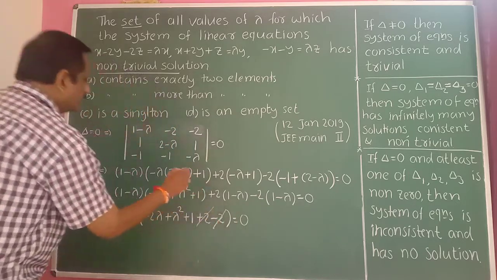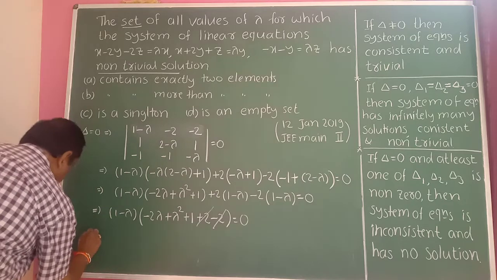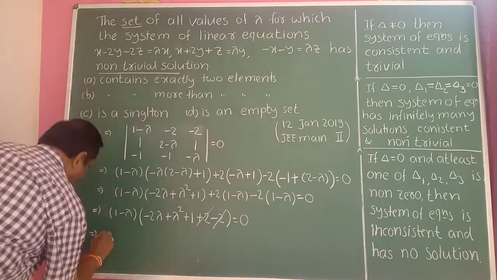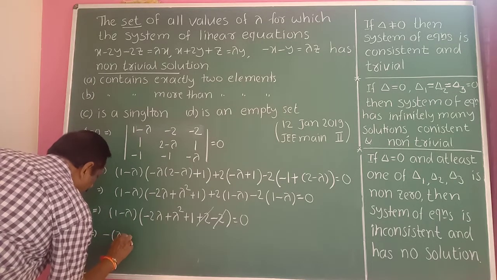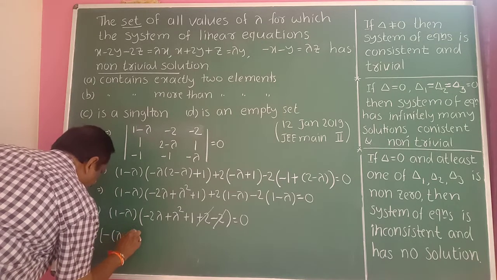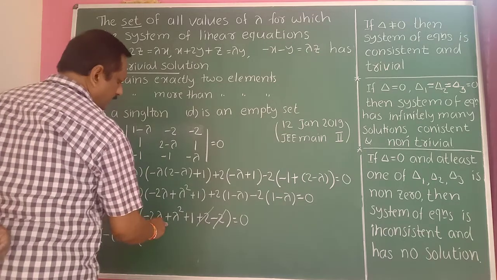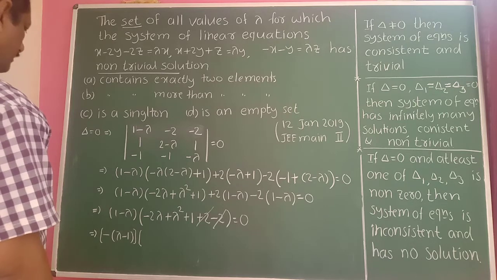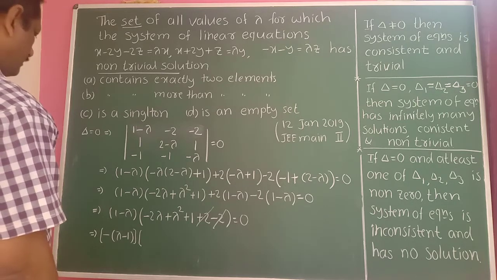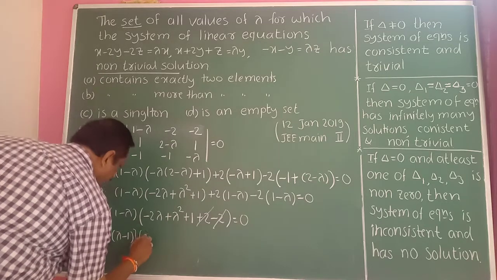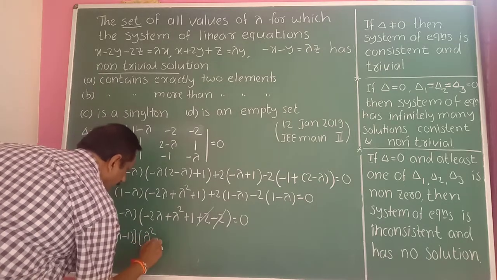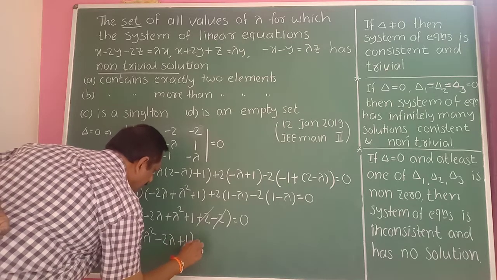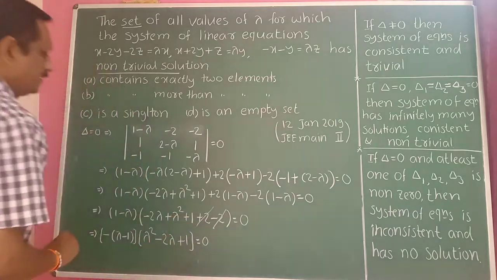Therefore in this case take a minus common factor: lambda minus 1. Write here lambda square minus 2 lambda plus 1 is equal to 0.